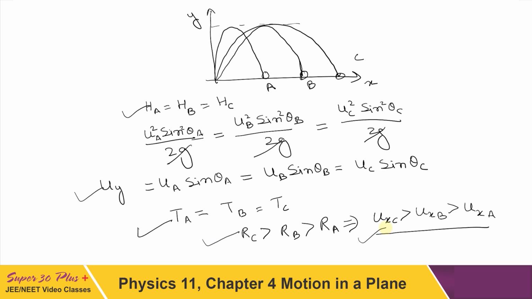Yes, one more thing: the instantaneous y coordinate of all particles will be the same because their initial velocity is the same. So after the same time they will reach the same height. So the y component of velocity also will be the same for all three. One more thing can be added here, which is YA is equal to YB is equal to YC.